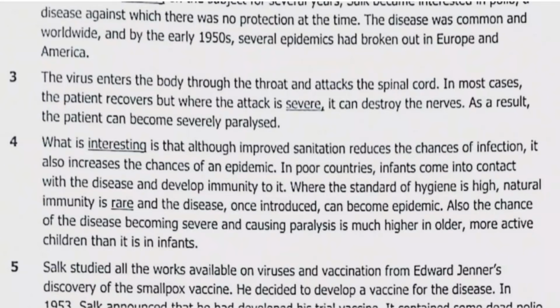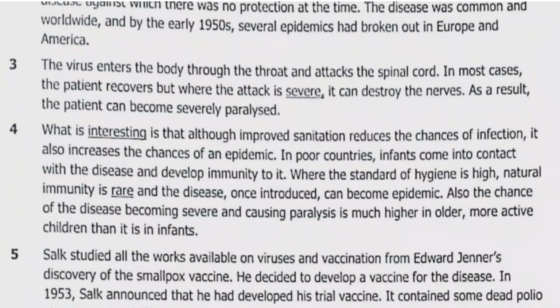Where the standard of hygiene is high, natural immunity is rare, and the disease, once introduced, can become epidemic. Also, the chances of the disease becoming severe and causing paralysis is much higher in older, more active children than it is in infants.